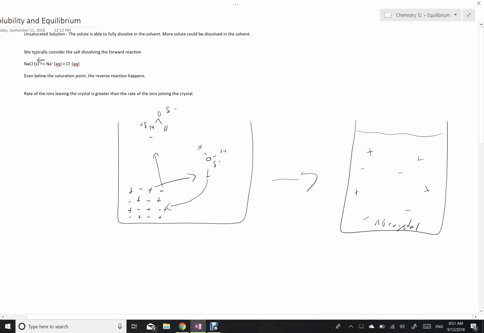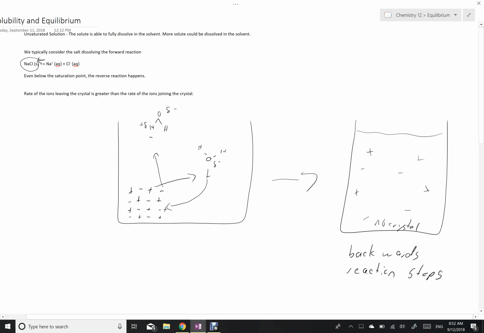The backwards reaction actually stops because there's no solid for it to join back onto.